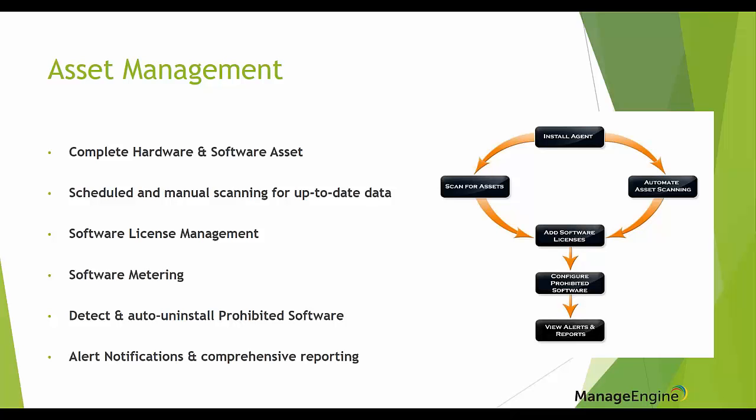In hardware, it makes a list of hardware manufacturers, hardware types, and hardware installation per user as well. It also does automatic uninstallation of prohibited software. You can make a list of prohibited software, and it will automatically uninstall it. It also provides out-of-the-box reports on hardware and software inventory.